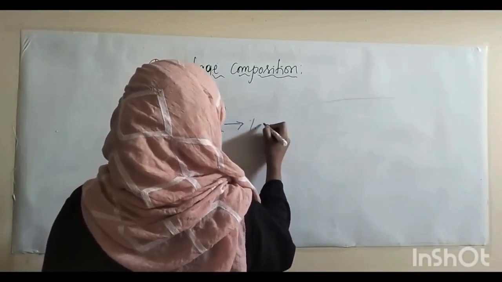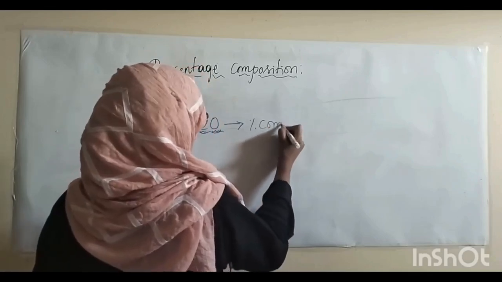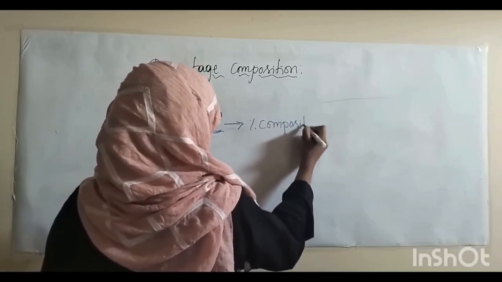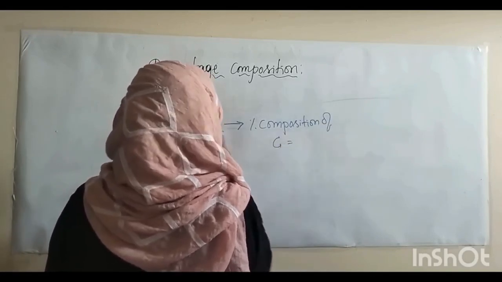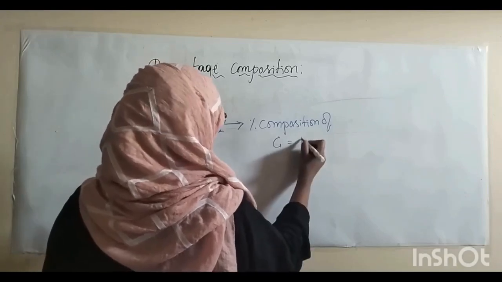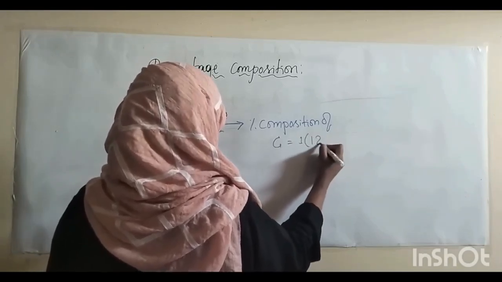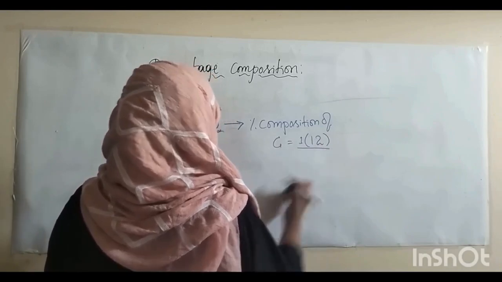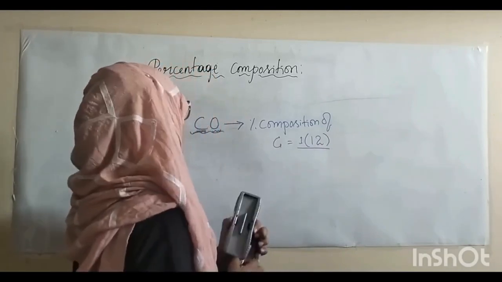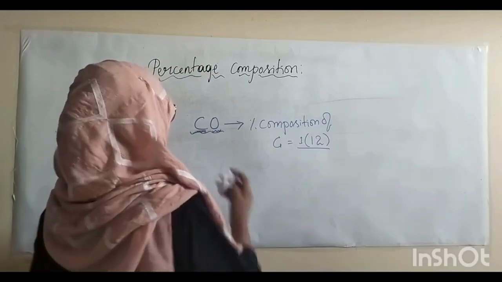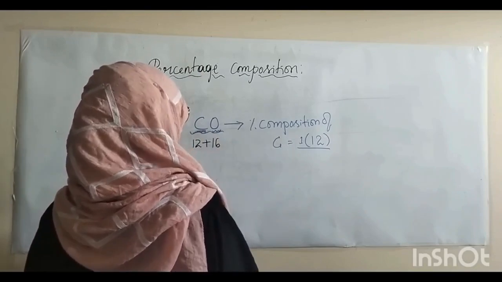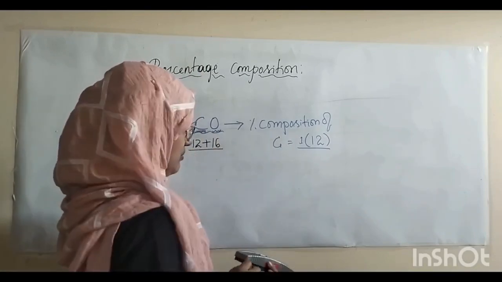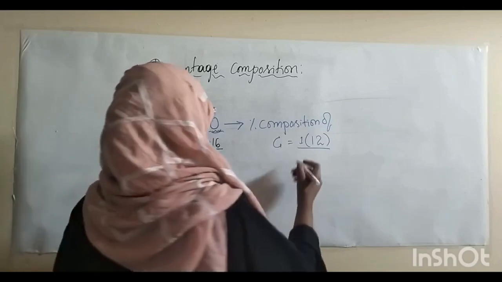So if I need to check the percentage composition of carbon, how many carbons do we have here? Only 1. And the mass of carbon is 12 divided by the total mass of carbon monoxide. 12 from carbon, 16 from oxygen. So together it comes up to 28.